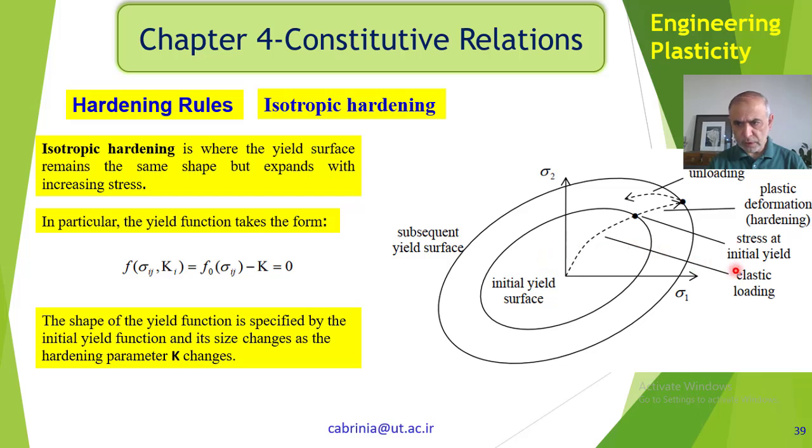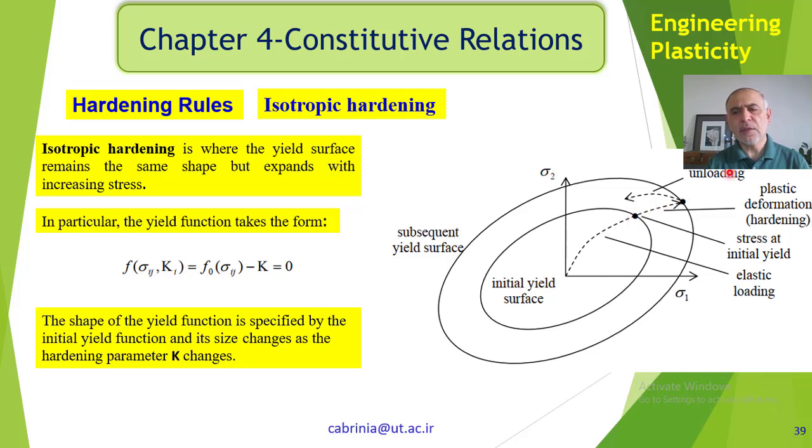Now we have shown here the elastic loading, up to this point. Here is the start of the yielding, the initial yield, and then it increases to here, which is the plastic deformation. After this plastic deformation happens, for the case of rigid plastic material, it remains here.